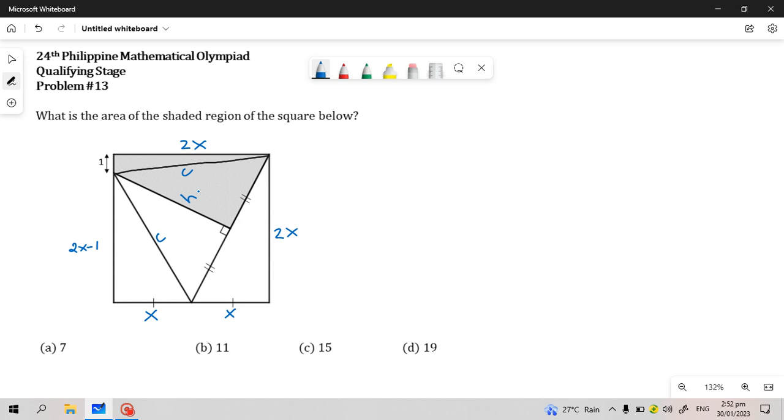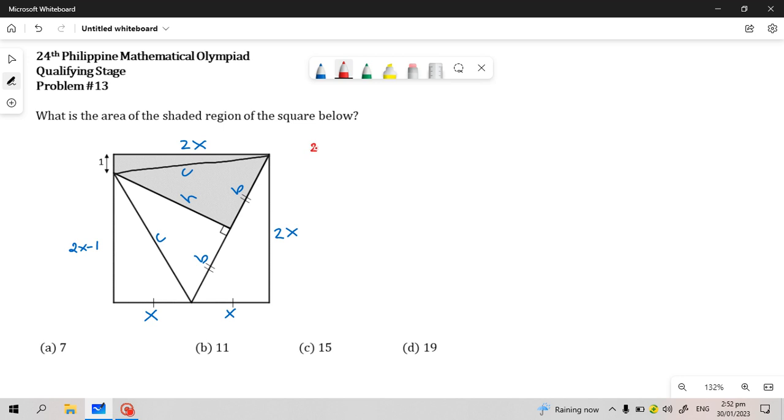And then I'll make one more representation for the base of the triangle. I'll label this with b, this one here with b also, because the two bases of the right triangles are congruent. Okay, so from this figure now we can create some equations.